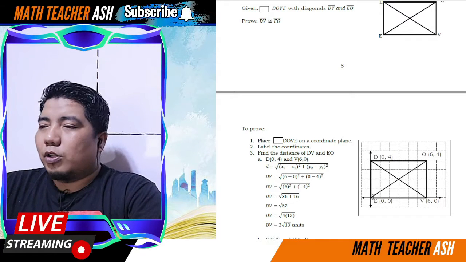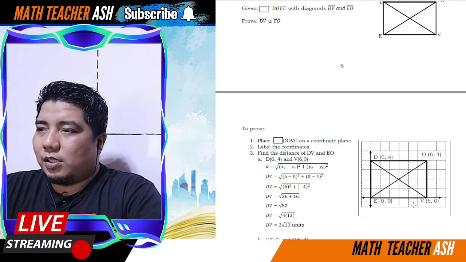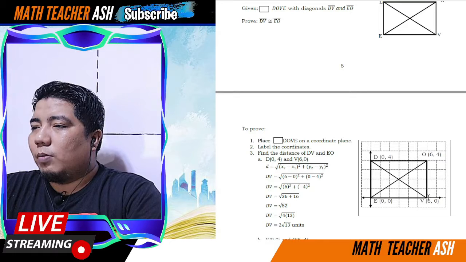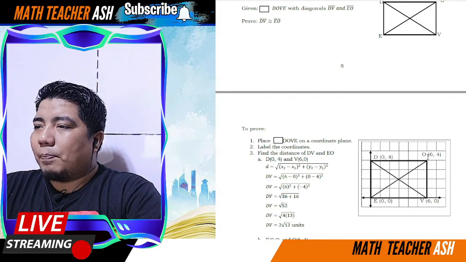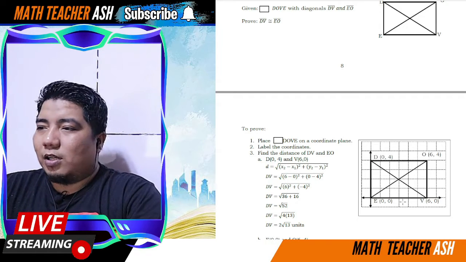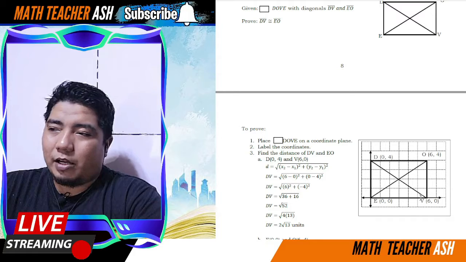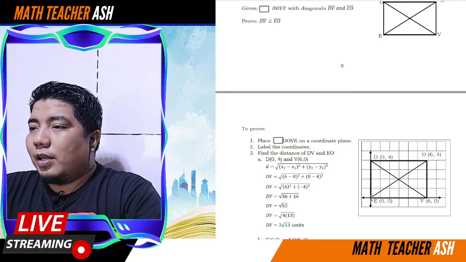Alright. So, let's consider that the length is 6 units. Alright. So, 6 units, 1, 2, 3, 4, 5, 6. So, that will be our V. Of course, the distance from D to O is also 6 units. Okay? That's clear. For the width, let's say it is 4 units.